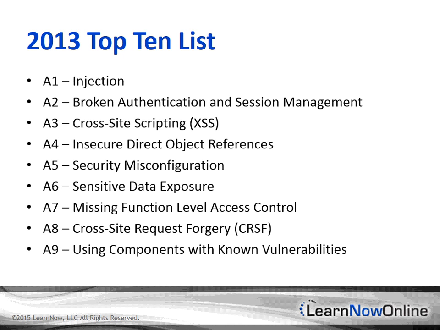All right, ninth on the list is using components with known vulnerabilities. Not quite sure why you would ever do this, knowingly anyway. The idea here is that web applications consist of a large number of components, libraries, frameworks, other software modules, almost all of them running with full privileges. And they're coming from different sources. Some you probably develop yourself, but you may also buy third-party packages or use open source software.